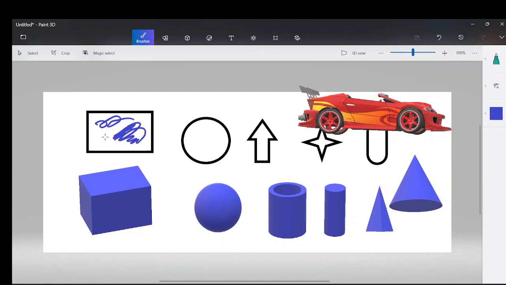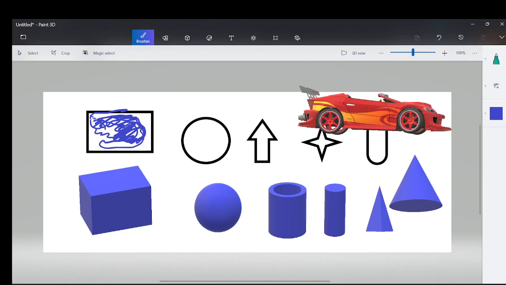Here the boundary is black. Perimeter refers to the distance around the outer boundary of any article, the outer edge, and measuring the total length of this boundary is the perimeter.